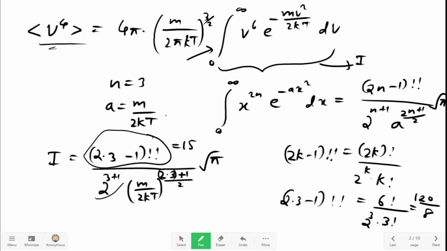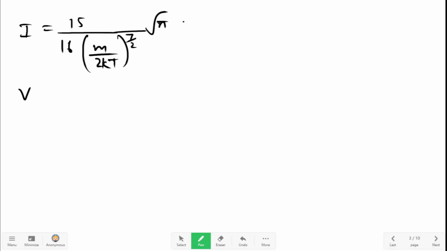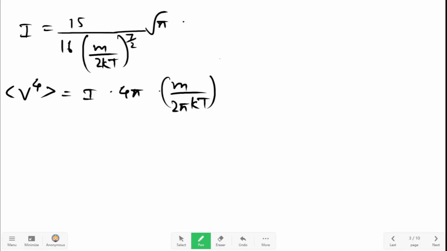Now let us find the value of the v raised to 4 expectation value. This is equal to I times 4 pi times m by 2 pi kt the whole raised to 3 by 2.